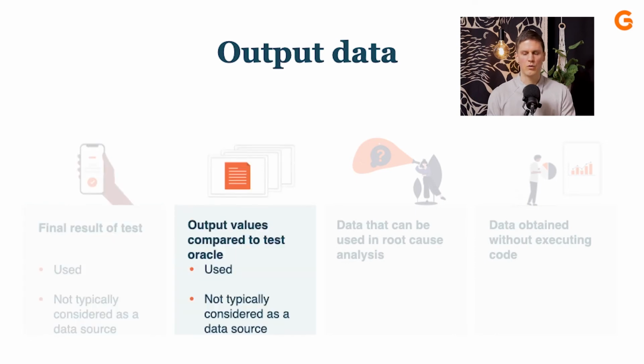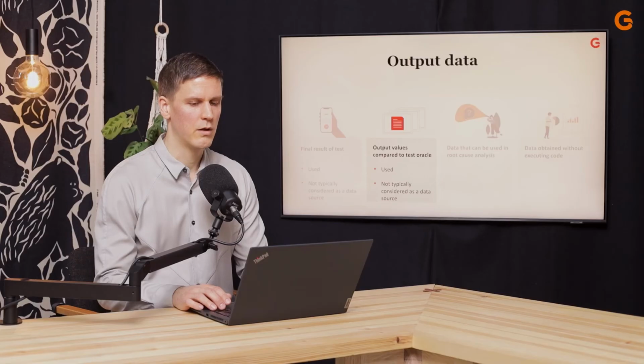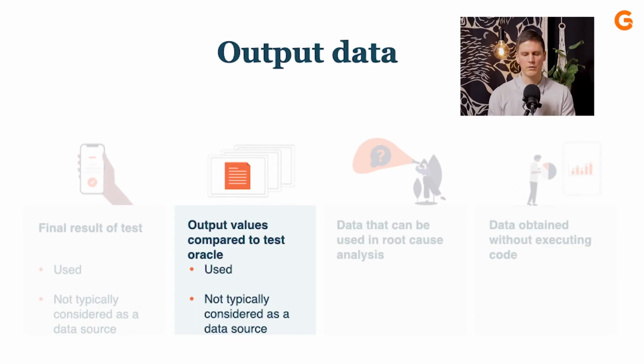Then there are output values that are compared to a test oracle. These output values can be of varying complexity, ranging from integer numbers or text strings to structured data such as JSON or XML files. This type of data is also used in functional testing, but like final results of tests, it is not typically considered as data that could have other uses besides a specific test.